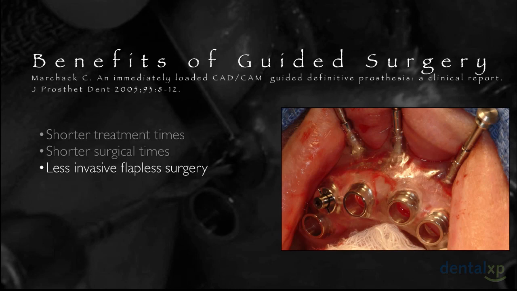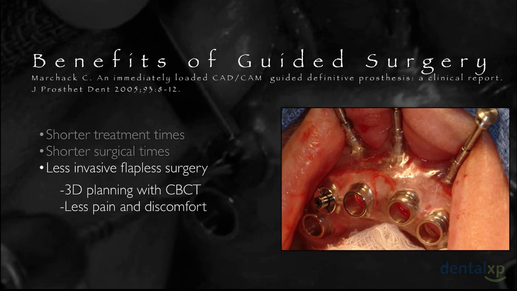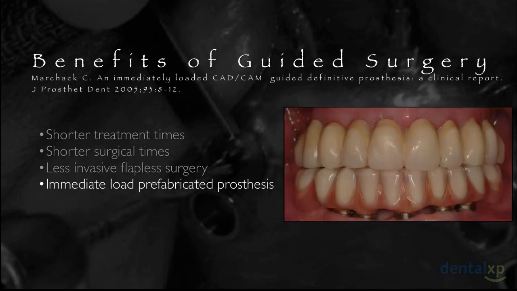We have less invasive flapless surgery possibility, and that's because of the 3D planning. We understand all the patient's anatomy with those cone beam CTs. Therefore, patients have less pain, less discomfort, and maybe more patients are willing to accept implant surgery.